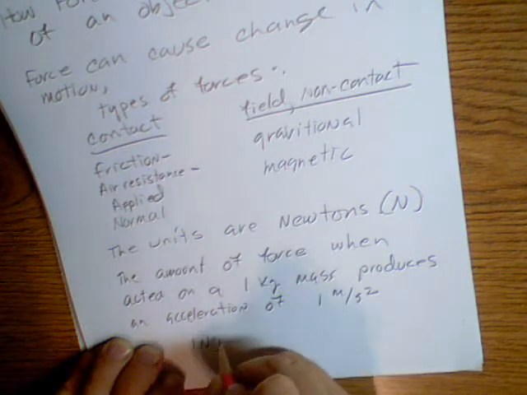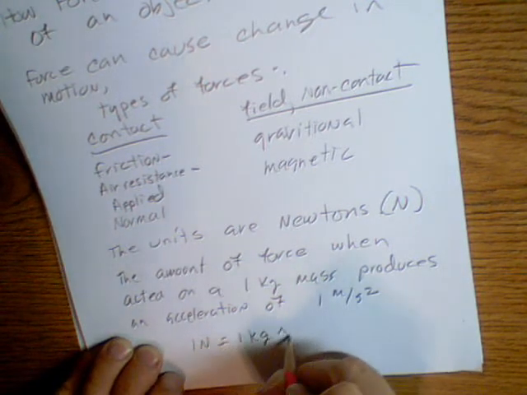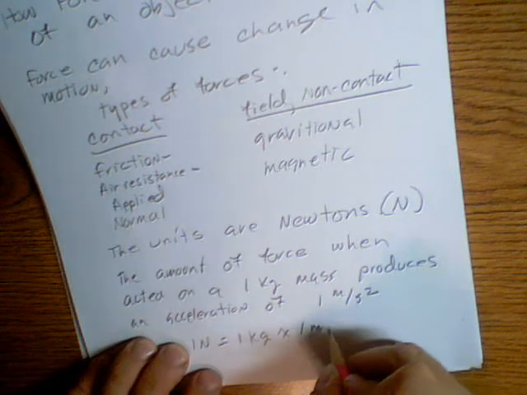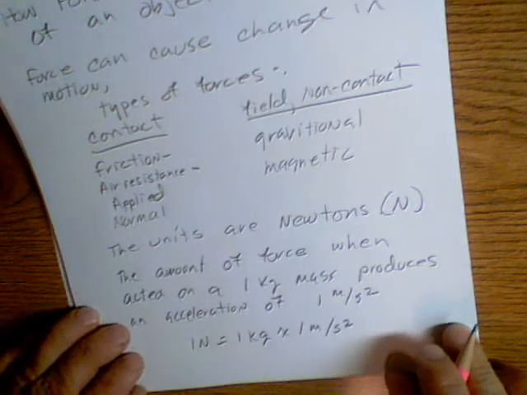So 1 newton equals 1 kilogram times 1 meter per second squared.